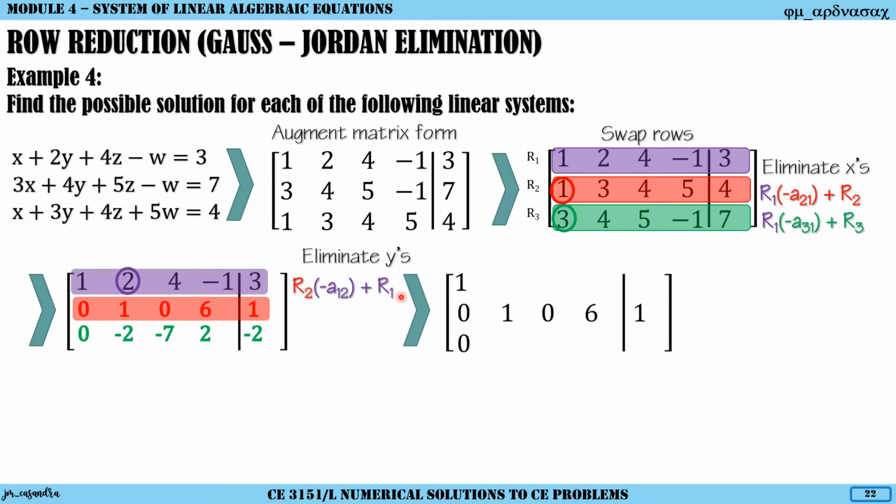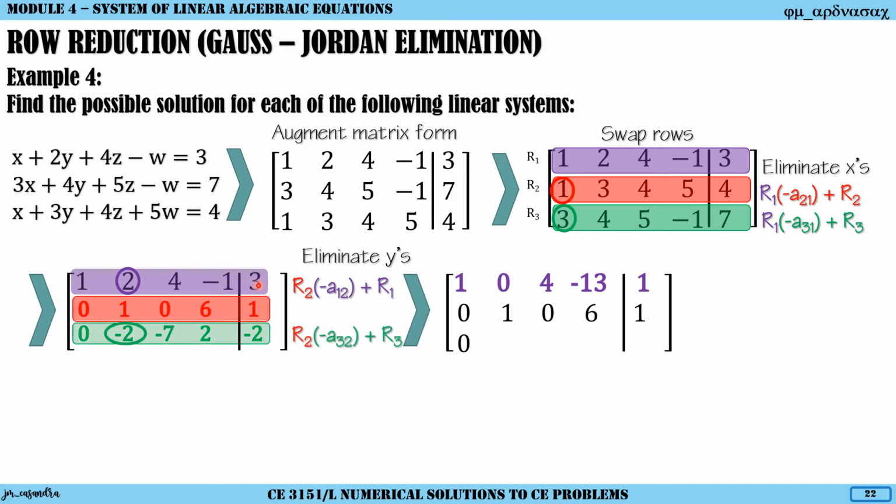So we'll now arrive at R2 times negative 2 plus 1, 0 is 1, R2 times negative A12 plus R1 is 0, R2 times A12 plus R1 is 4. And then lastly, we have 1 times negative 2 plus 3 is 1.